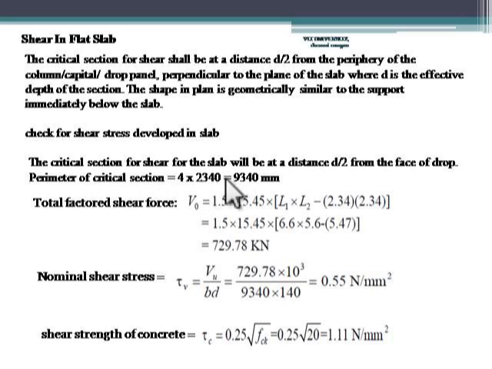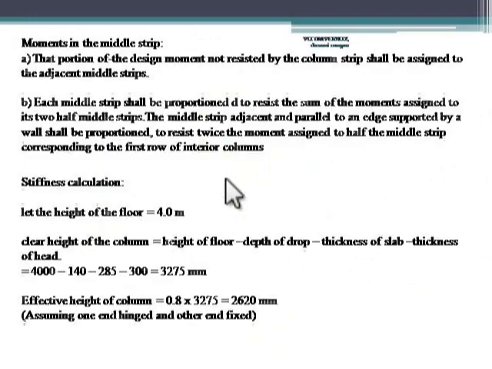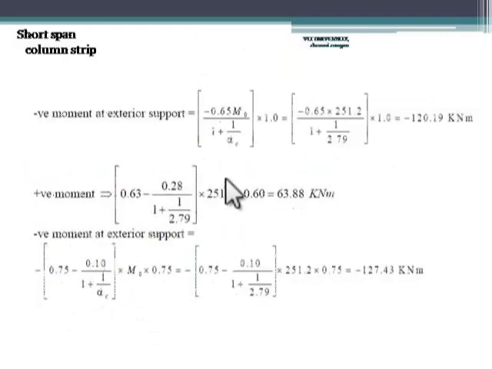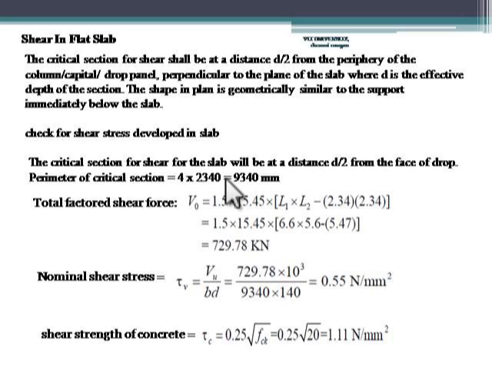That is 4 into 2340, we got 9340. So the total factored shear force, we have the formula, that is 1.5 into slab thickness into L1 into L2 into 2.34 into 2.34.